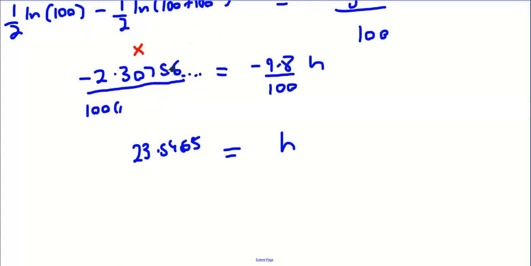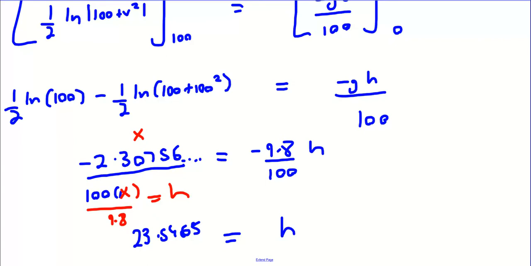You could have stored it as x in your calculator. 100 multiplied by x divided by 9.8 equals h. h equals 23.5465, or 23.55 meters. Okay, so that's the 2019 question 10 part B.